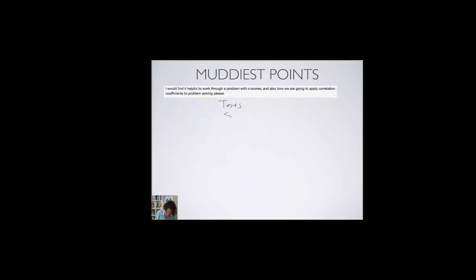One is called the SAT, and the other one is called the ACT. And we have the mean and standard deviation for each test. The mean on the SAT is 1500, and the standard deviation is 300, and the mean on the ACT is 21 and the standard deviation is 5.